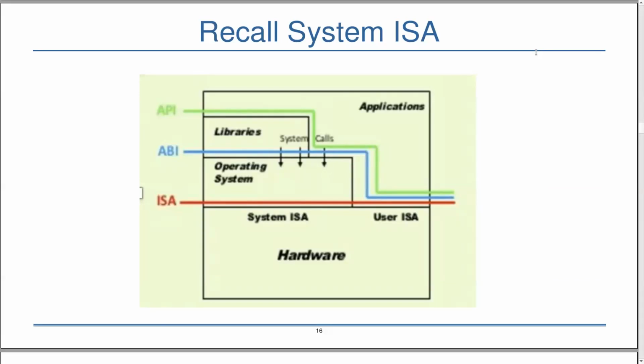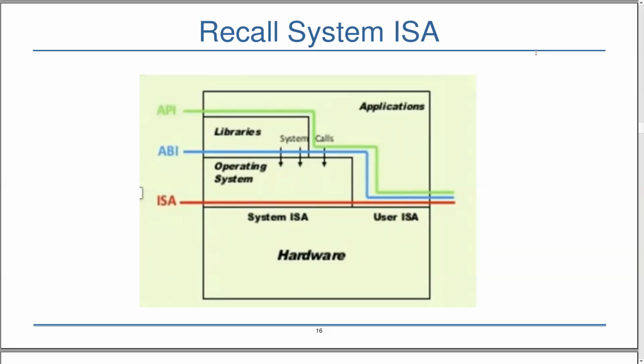So we have hardware, and on top of hardware we have two sets of instructions: the system instructions and the user instructions. Your applications and libraries can only use user instructions, but the operating system is also allowed to use the so-called system instructions in addition to user instructions.